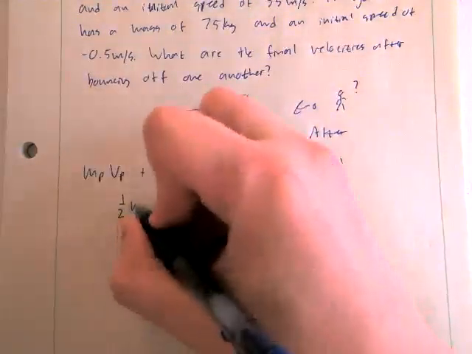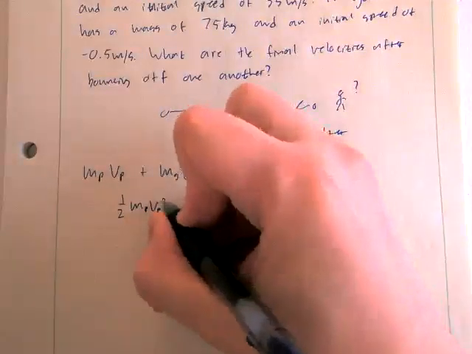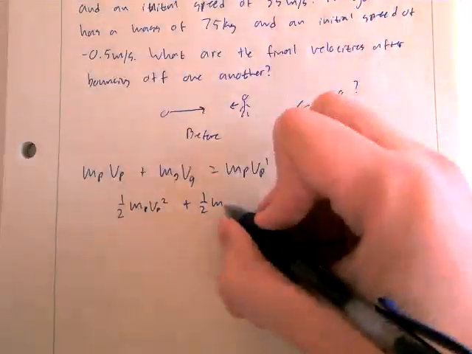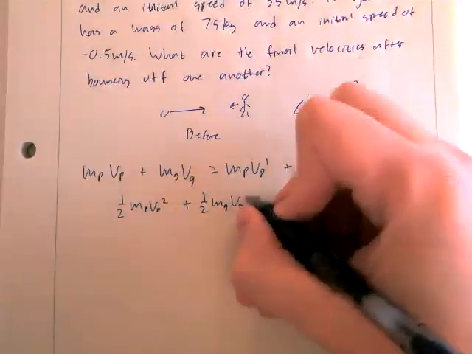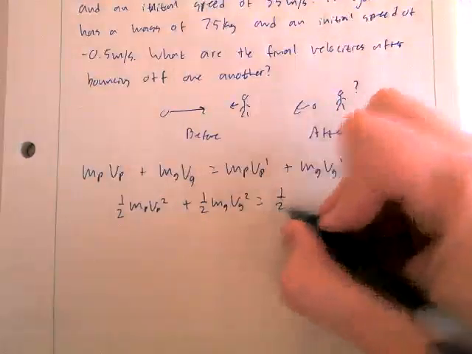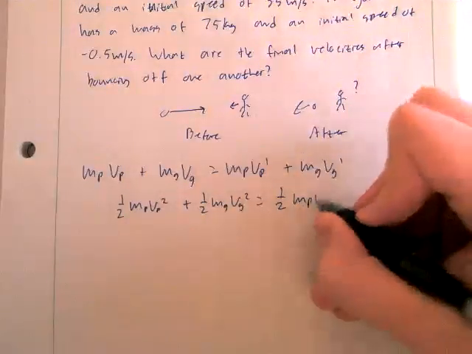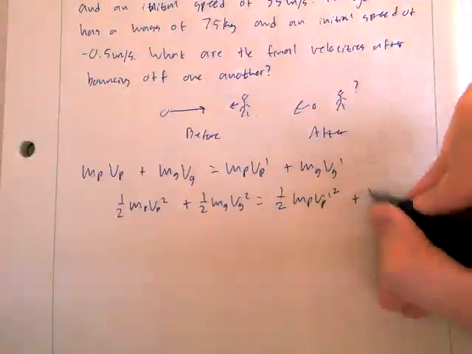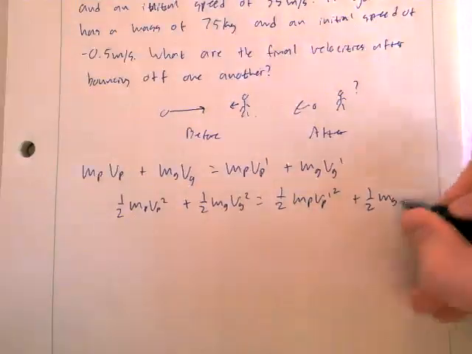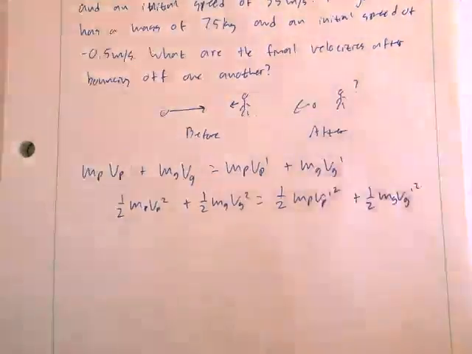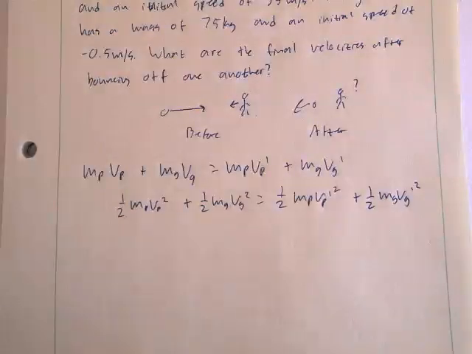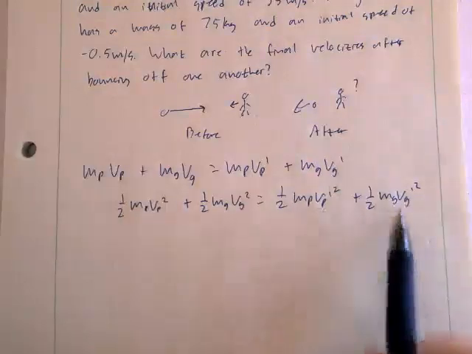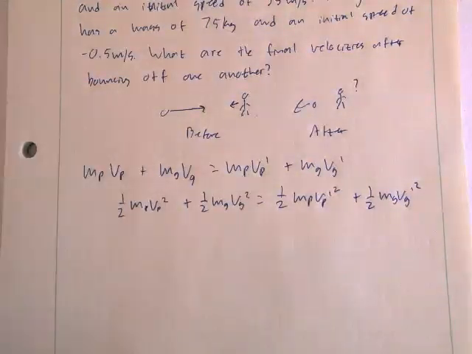You'd have 1/2 mass of the puck, V of the puck squared, plus 1/2 mass of the goalie times V of the goalie squared is equal to 1/2 mass of the puck, V of the puck after squared, plus 1/2 mass of the goalie, V of the goalie after squared. I'm just using these primes again to denote that this is the speed of each thing after the collision, right? And then it's the speed of the puck and speed of the goalie. Okay, so we have that.